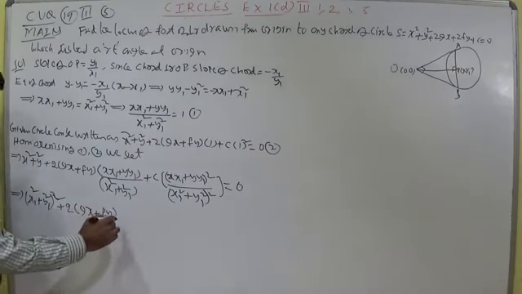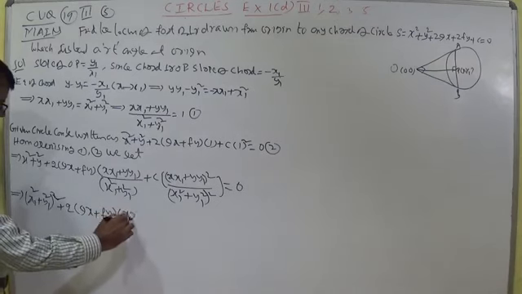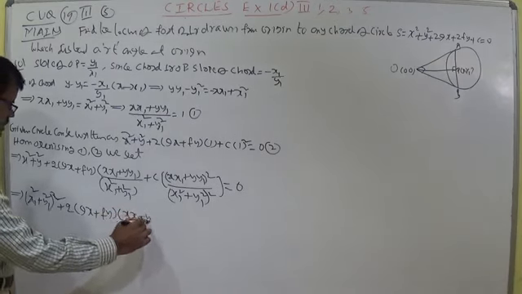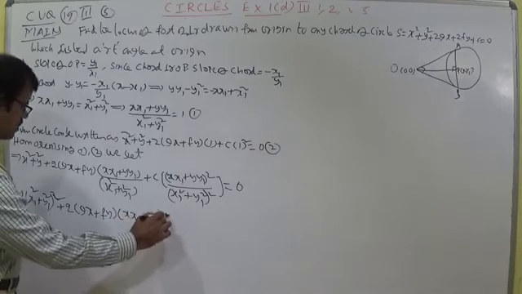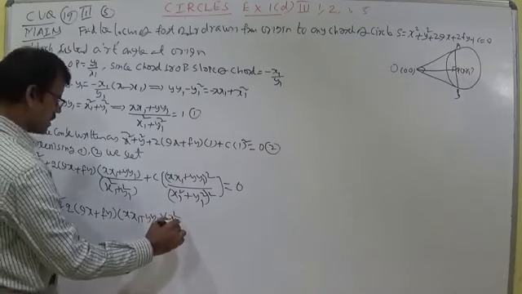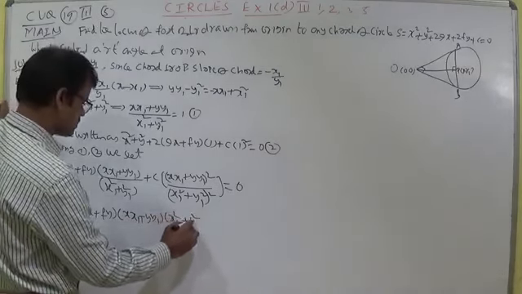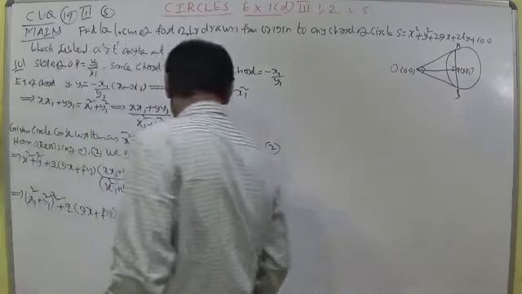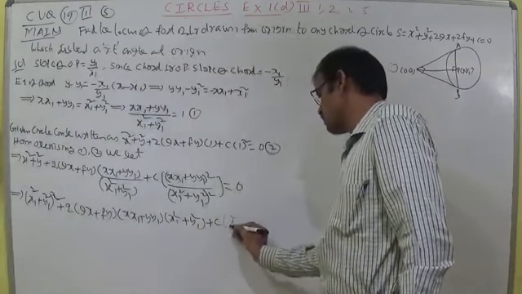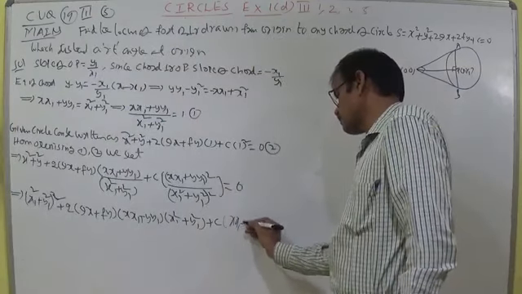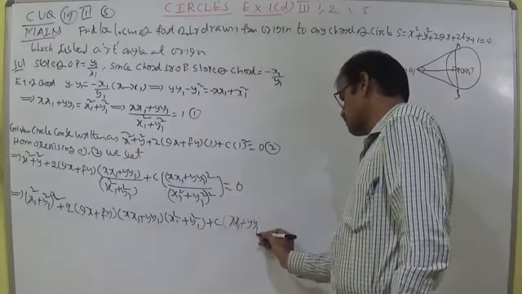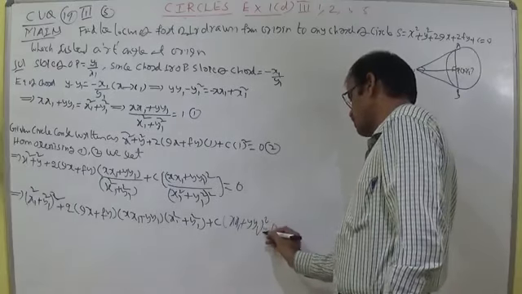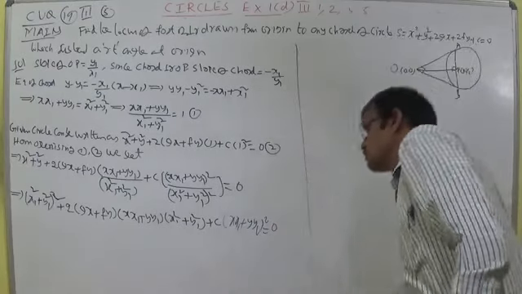Then you can write here as 2 into (gx plus fy) into (xx1 plus yy1) into, this is (x1 square plus y1 square), plus c into (xx1 plus yy1) whole square equal to 0, the total value.